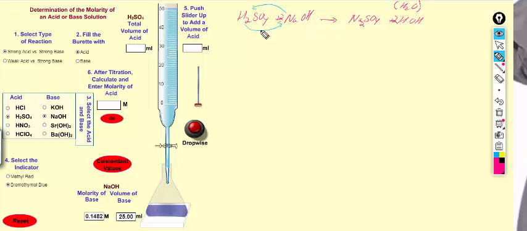So it's a 2-to-1 stoichiometry, right? I can say 1 mole of H2SO4 for every 2 moles of NaOH. And that's because each mole of sulfuric acid gives me 2 moles of hydrogen ions, right?